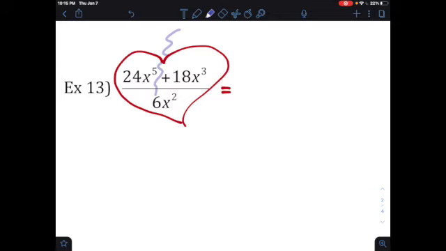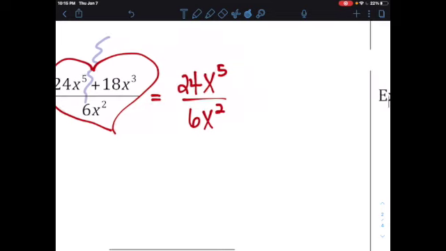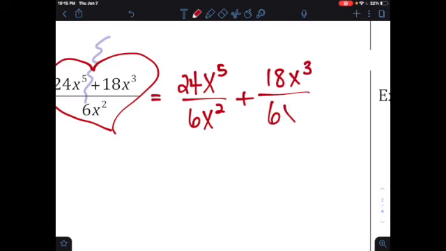So what you're going to do is 24 x to the 5th over 6 x to the 2nd, plus, notice the sign even stayed the same, 18 x to the 3rd over 6x squared. And then just simplify like what you did before in the monomial divided by monomial. That's all.